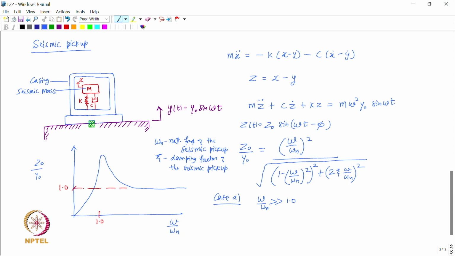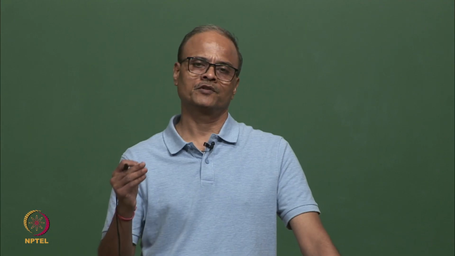So in the range omega much more than omega n, it can be easily seen that z naught upon y naught is approximately equal to 1, right, which means that z naught is approximately equal to y naught. So this means that the relative displacement of the seismic mass is approximately equal to the amplitude of vibration of the surface which we want to measure, correct. So if we want to know the amplitude of vibration of the surface, then we should measure the relative displacement of the seismic mass.